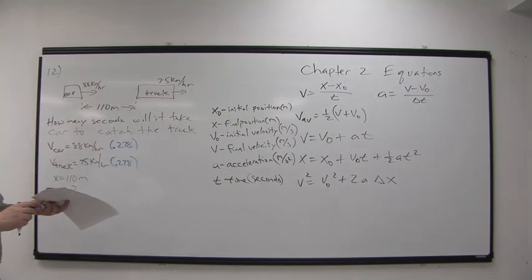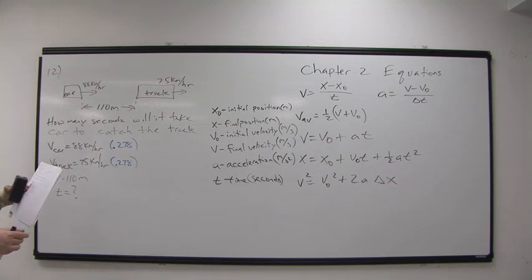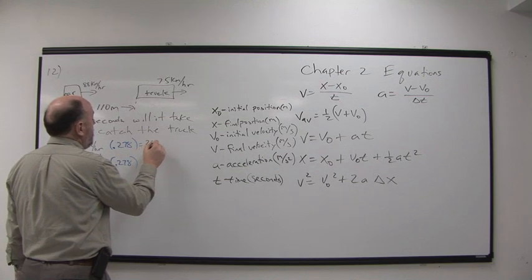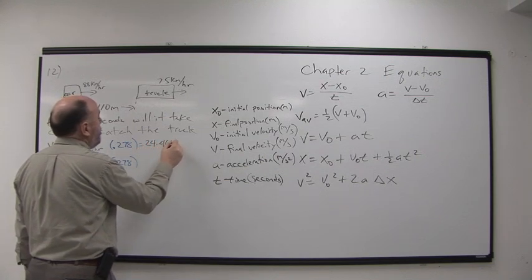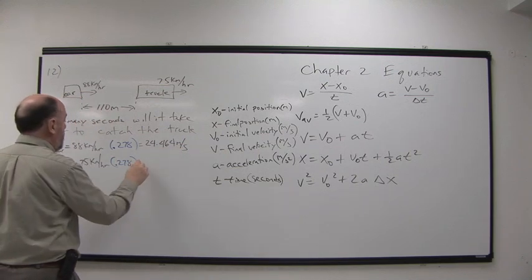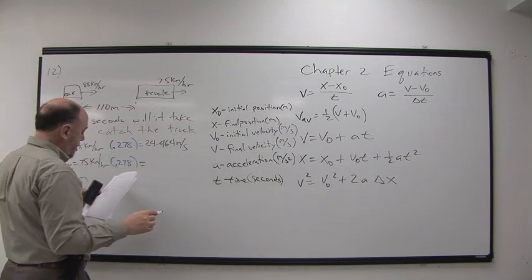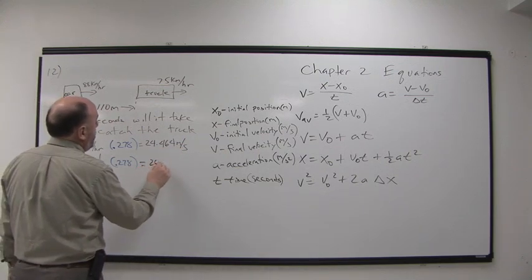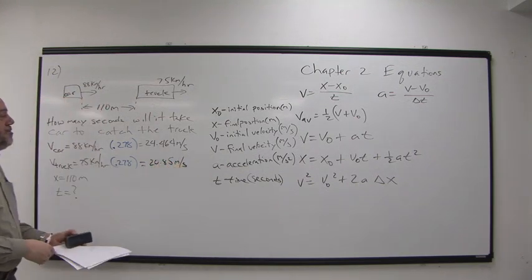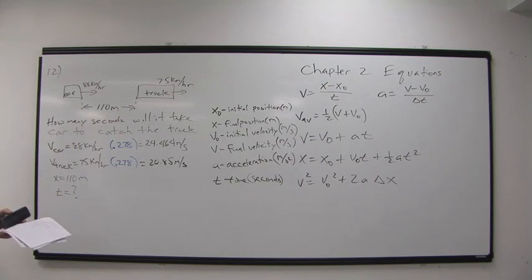So I multiply both of those numbers by 0.278, and we get 24.464 meters per second, and 20.85 meters per second. Now everything is in the right units.